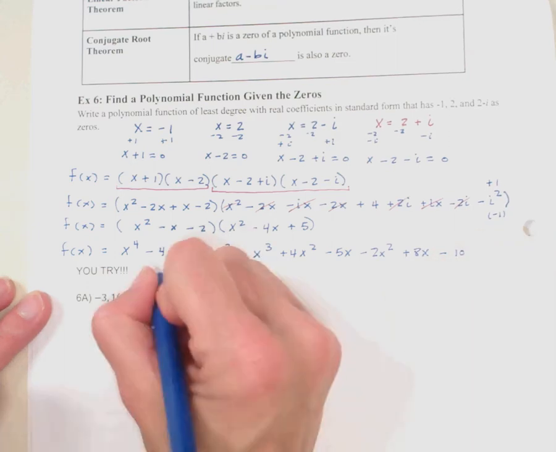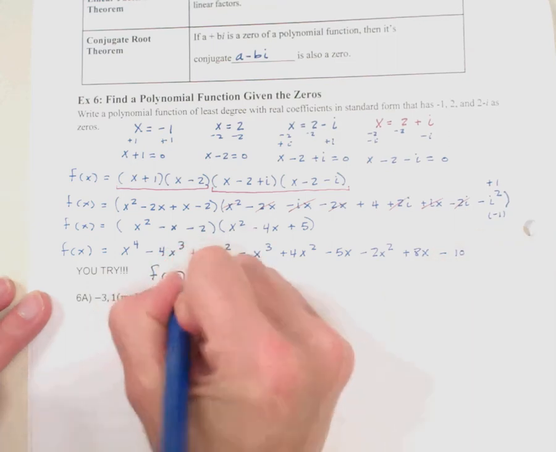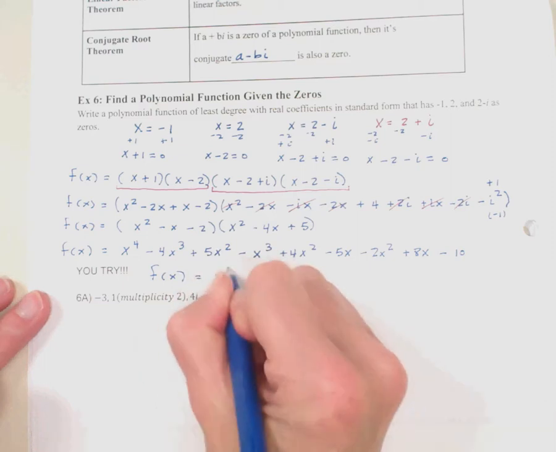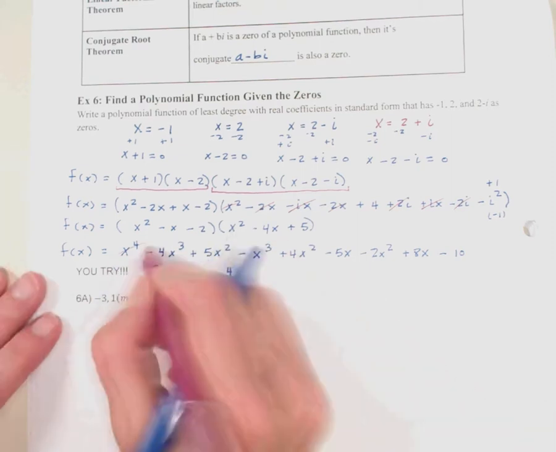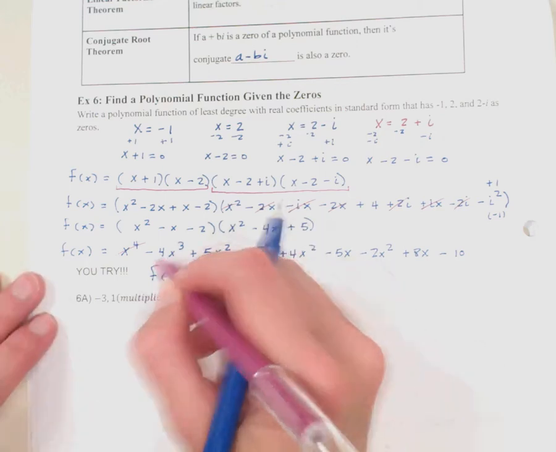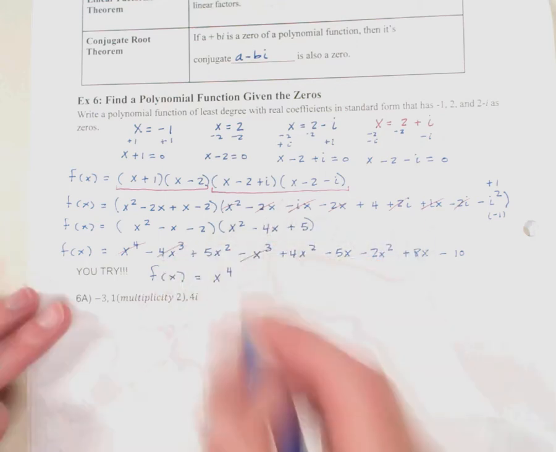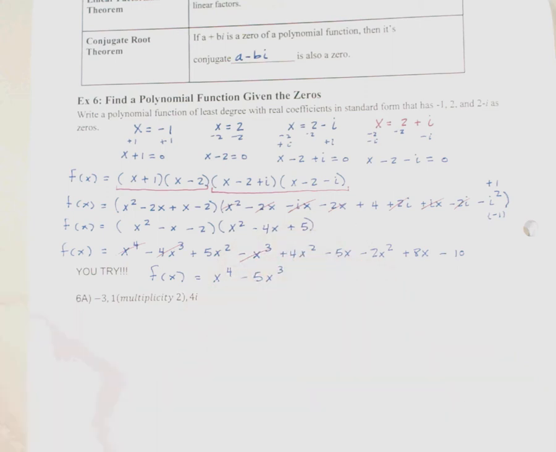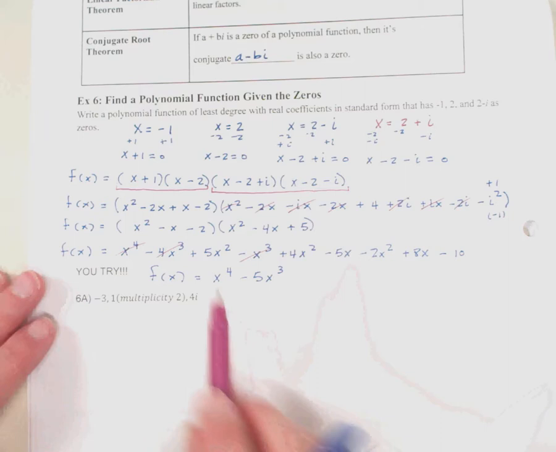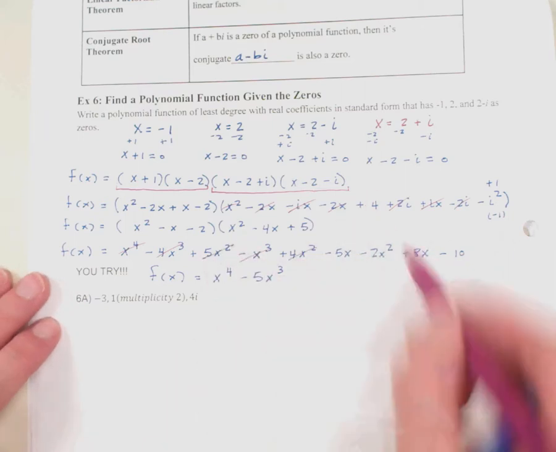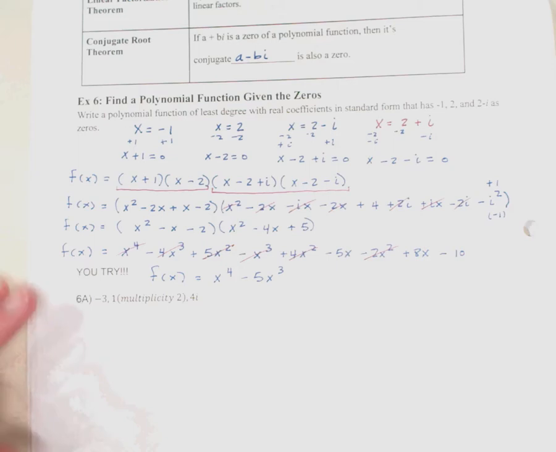Now, we finish up by combining like terms. Okay, I start with the highest power, which is x to the 4th. Then I have negative 4x to the 3rd power, and negative x to the 3rd power, that is negative 5x to the 3rd power. Then I have a 5x squared plus 4x squared minus 2x squared. 5 plus 4 is 9.